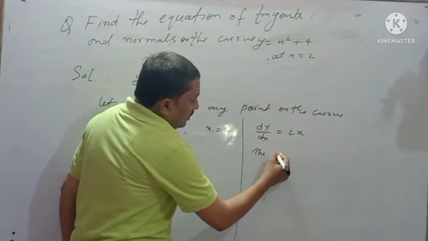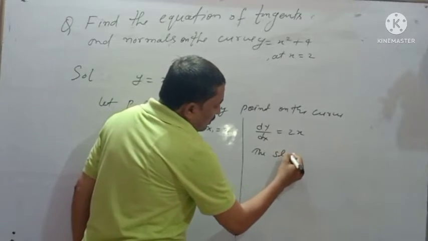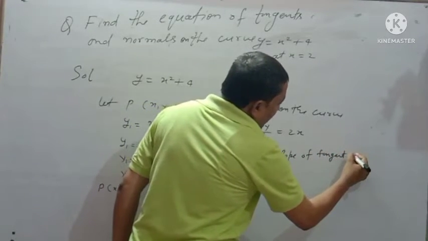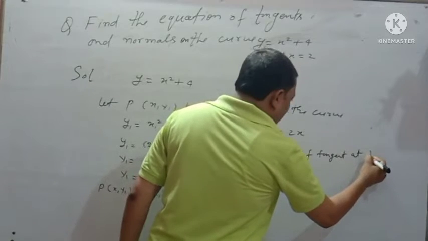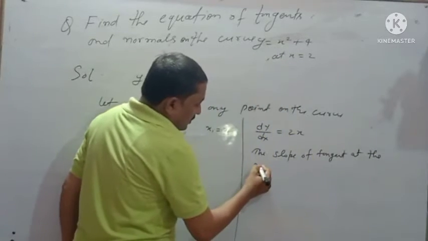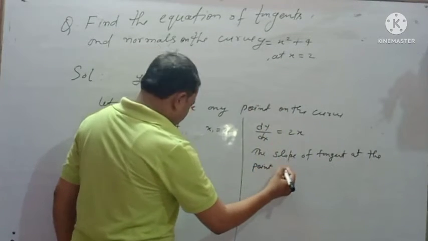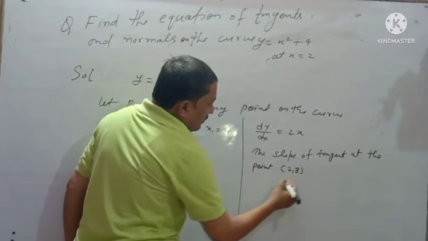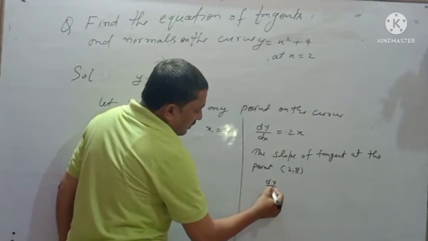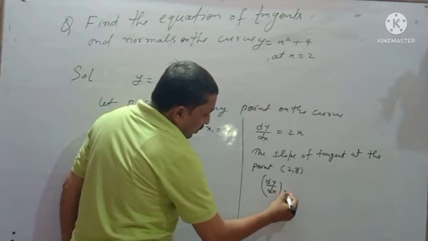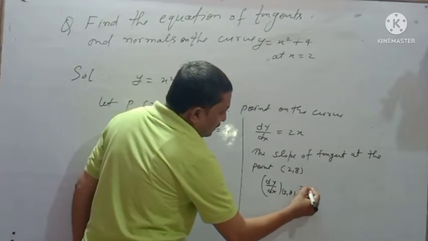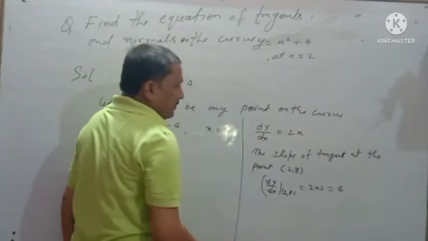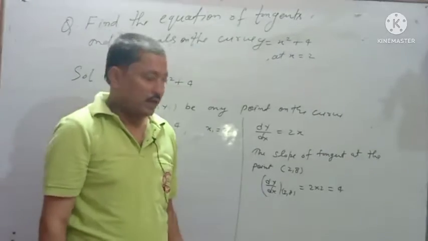The slope of the tangent at the point (2, 8): dy by dx at the point (2, 8) is 2 into 2, therefore we get 4, which is the slope of the tangent.